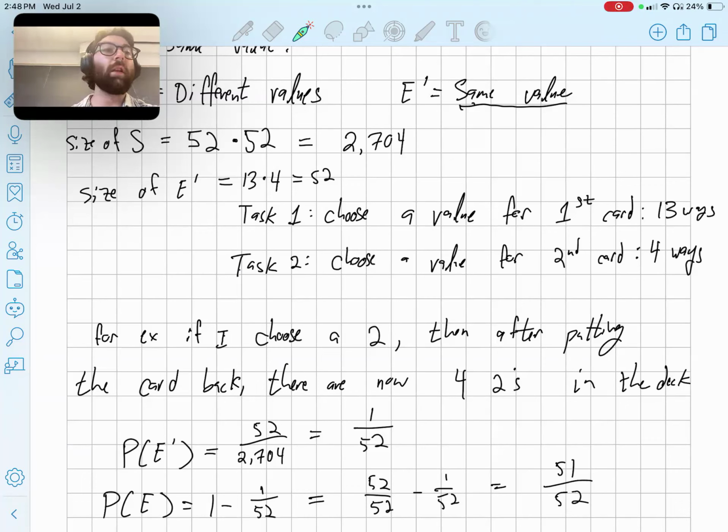There's 4 suits, each of them have one of those values. And so whatever value you picked on your first pick, there's 4 of those in the deck. You can pick any of those 4 and it'll still be the same value. So it's not just choose a value, it's choose the same value for the second card. There's 4 cards in the deck that have that same value, so there's 4 ways to choose it.